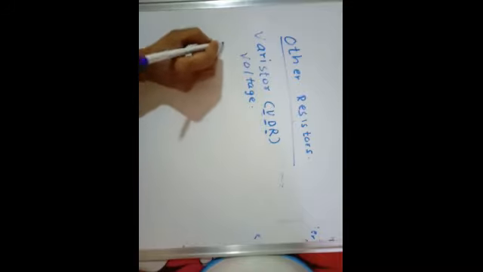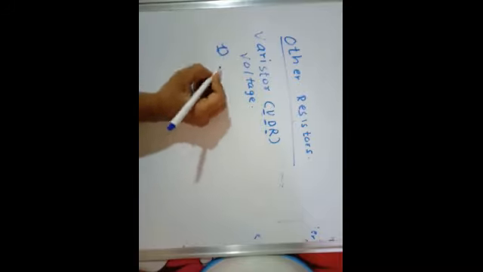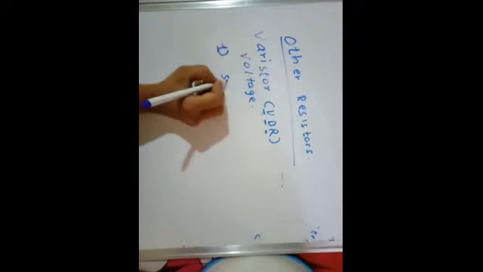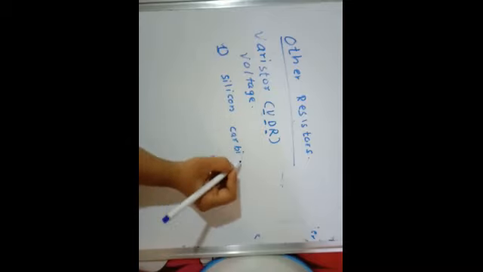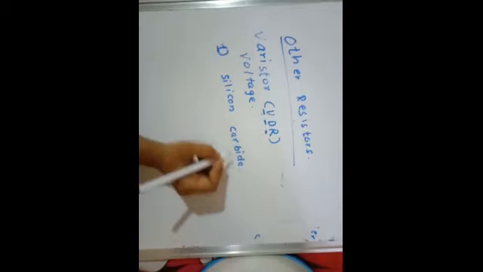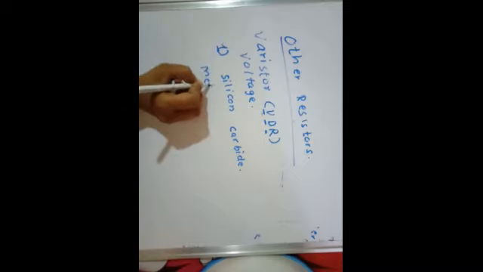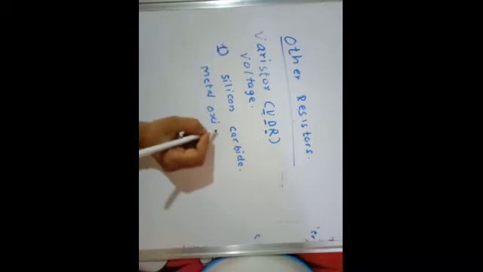They are of two types. There are two types of varistor: the silicon carbide VDR and the metal oxide VDR.